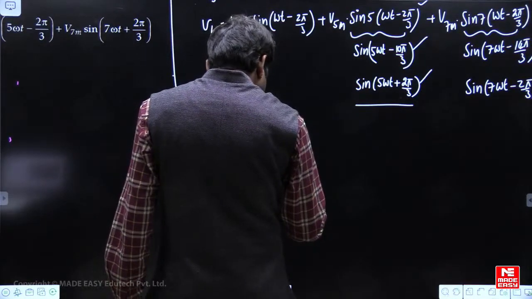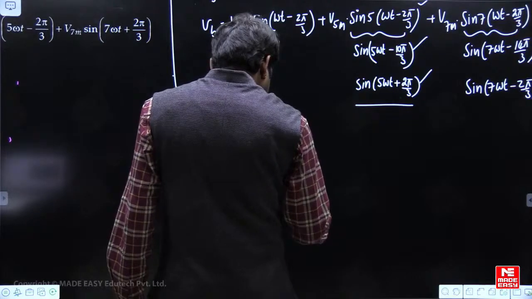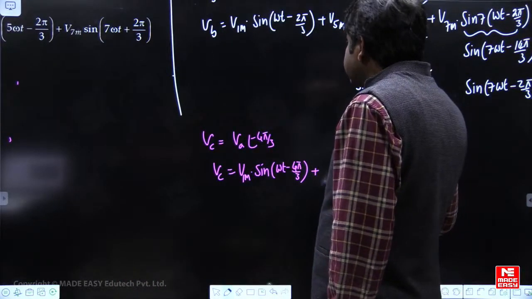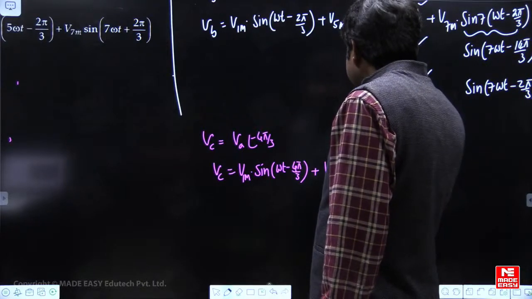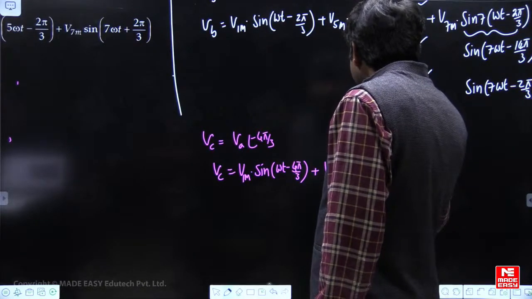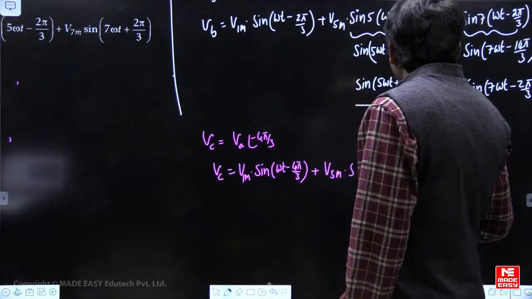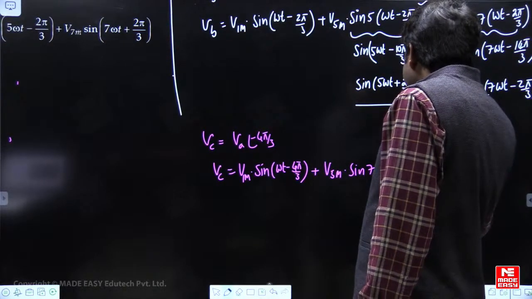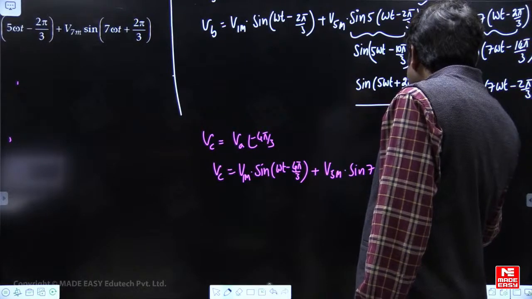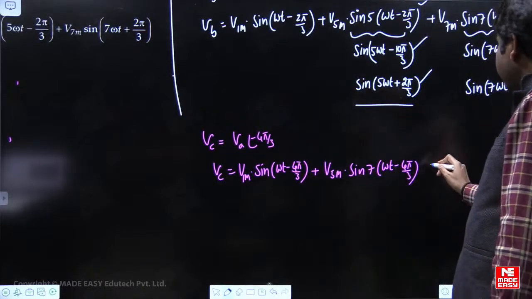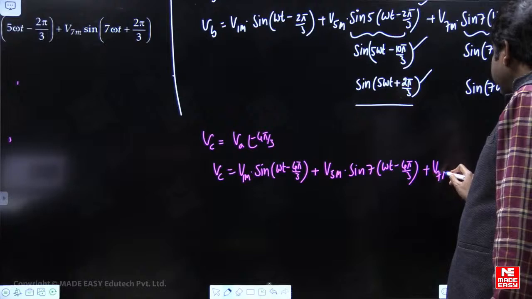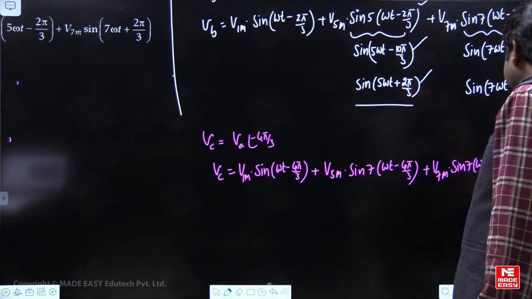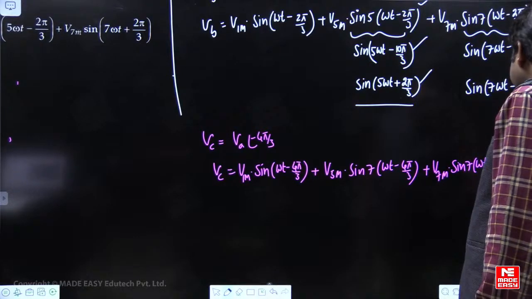Minus 4 pi by 3 radians plus fifth harmonic component V5m sine 5 omega t minus 4 pi by 3 radians plus seventh harmonic component V7m sine 7 times of omega t minus 4 pi by 3 radians.